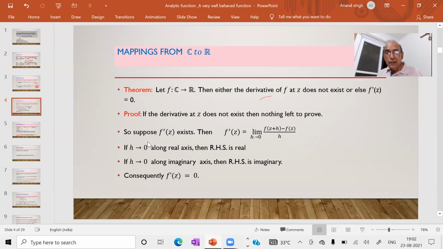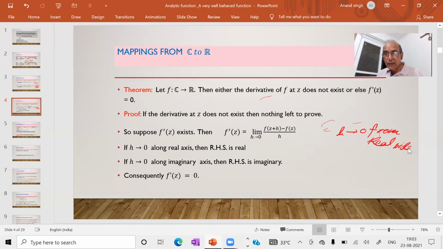Now let's look at it. The numerator, f of z plus h minus f of z, consists of values in the range, that is, real numbers. So if h is tending to 0 from the real side, then this is real, this is real, this is real.